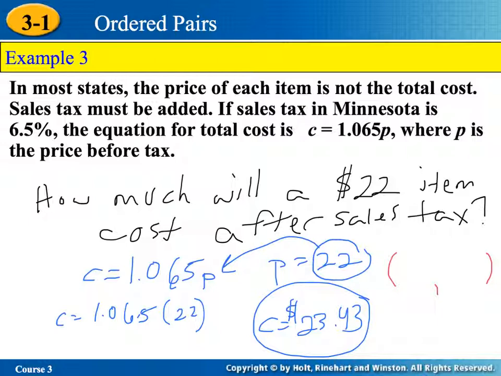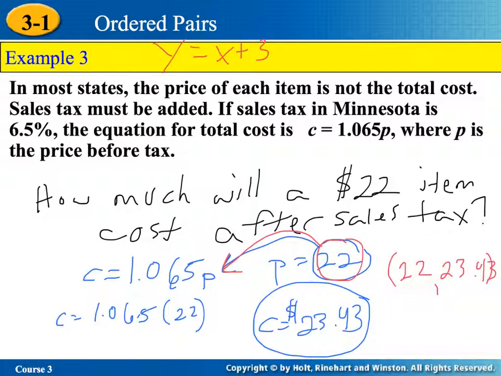Your x would be 22. Your y is 23.43. Now, you may be asking, how in the world did I come up with that? If you remember, 22 was the number that I plugged in. That's what I plugged in on the previous problems where we had something like x plus 3 equals y.